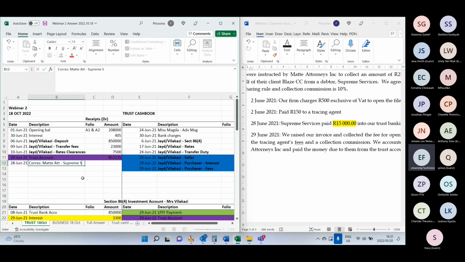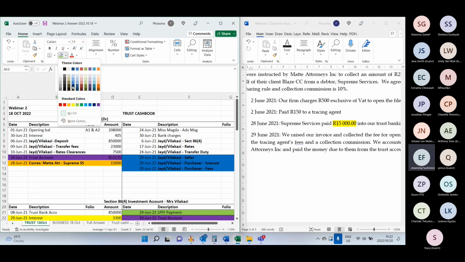Say for instance, they give us a lot of matters, so in our description we need to put as much information as possible so that we are able to trace. If we do not put a lot of information, then the challenge is that we won't be able to trace which client of theirs the money is coming from. So in this case, it's 15,000 received in trust.